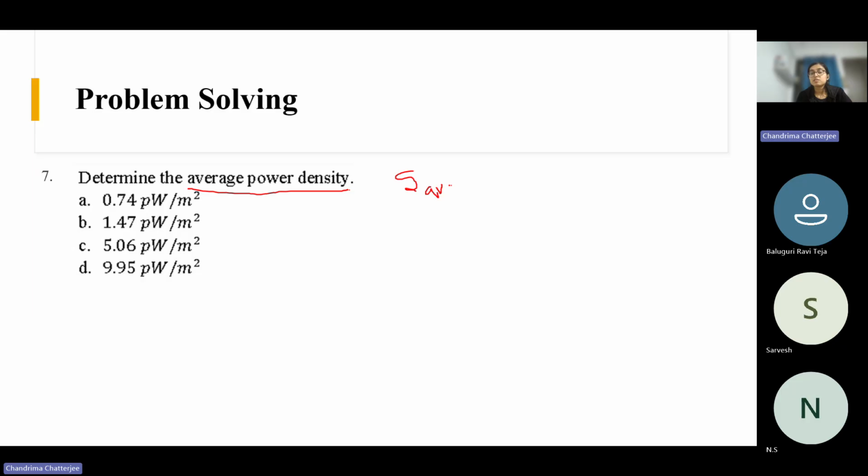That is power in a unit area, and if you multiply it by the area, then you will get the power.